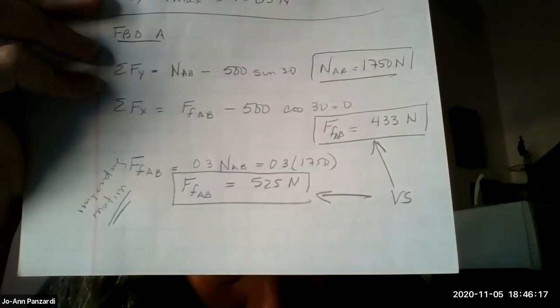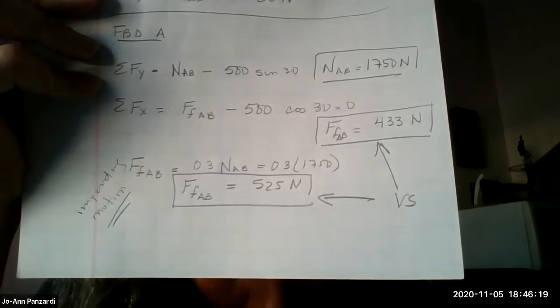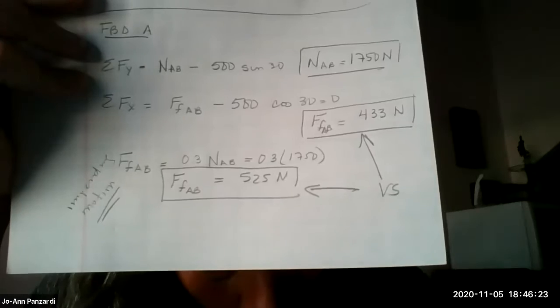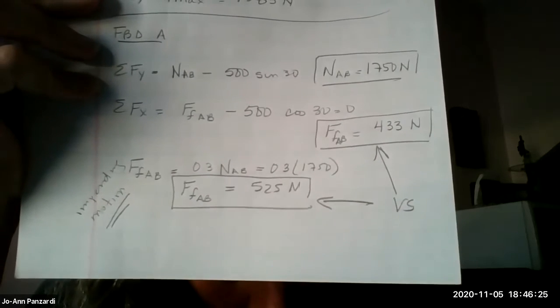You see that the block isn't sliding because the existing friction is less than the friction needed for impending motion. Right. But talk to me about which block isn't sliding. Block A. Right. Block A is not sliding on block B.